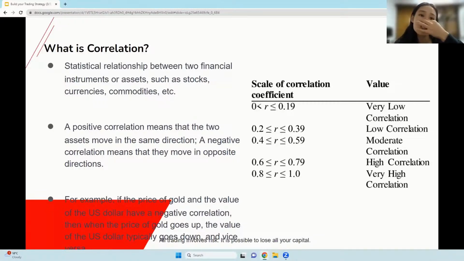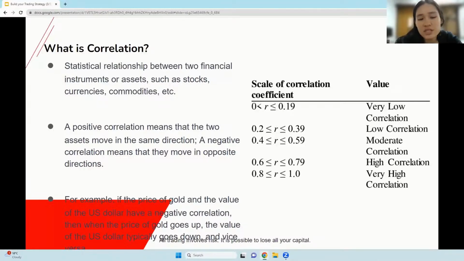So a positive correlation means that the two assets move in the same direction, and negative correlation means that they move in opposite directions. For example, if the price of gold and the value of the US dollar have a negative correlation, then when the price of gold goes up, the value of the US dollar typically goes down and vice versa.